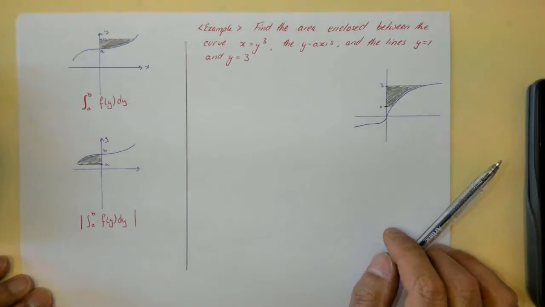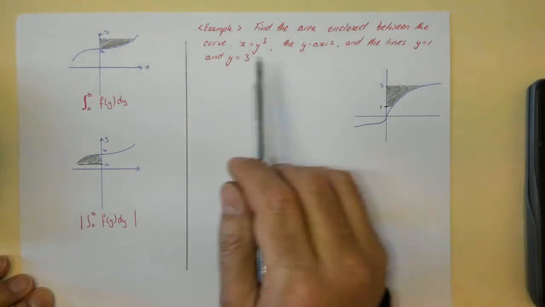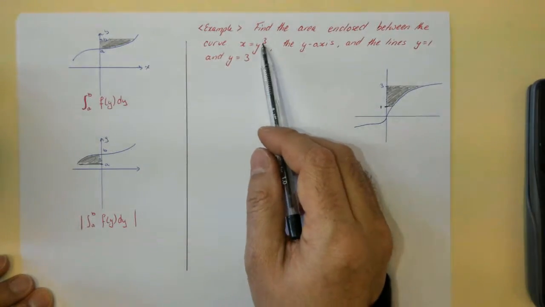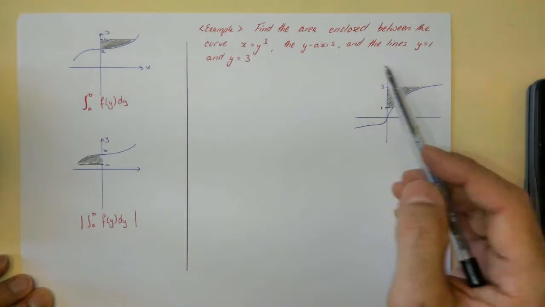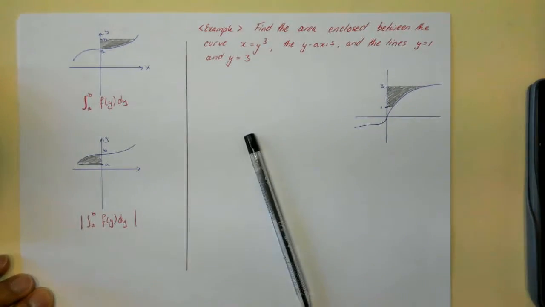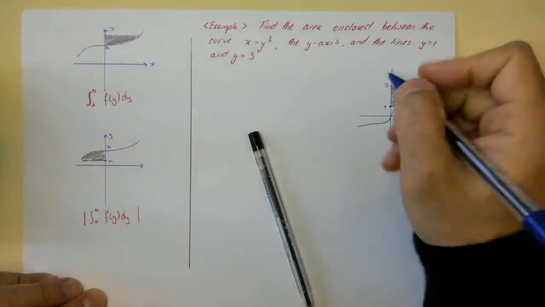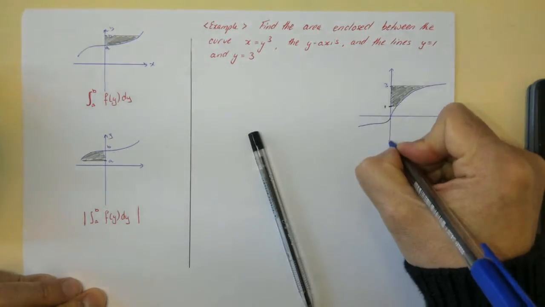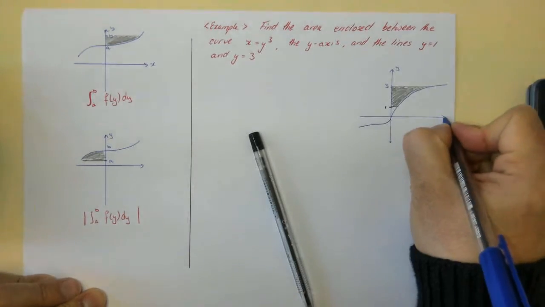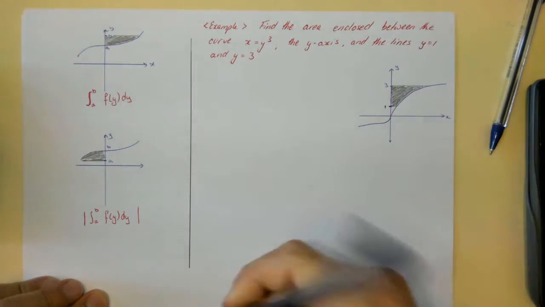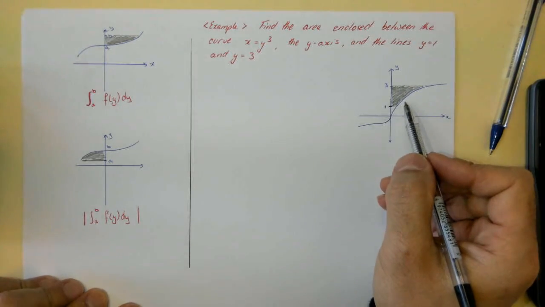Let's do some examples. We want to find the area enclosed between the curve x equals y to the power of 3, the y-axis, and the lines y equals 1 and y equals 3. It's really important to sketch a graph to remind you of the area that you're trying to calculate.